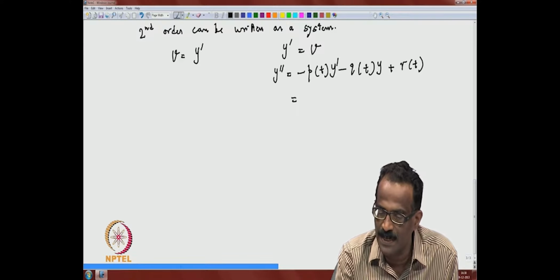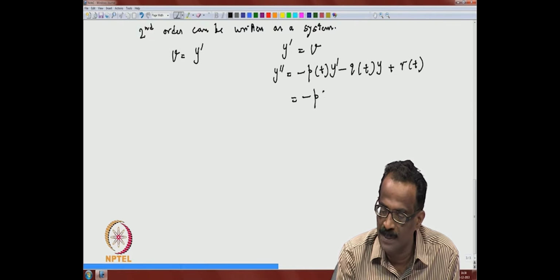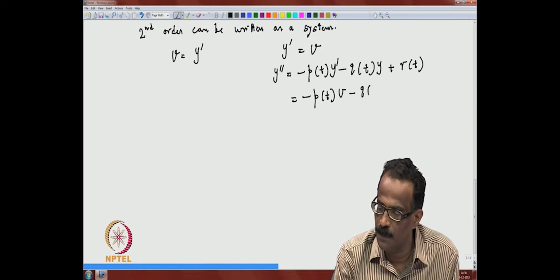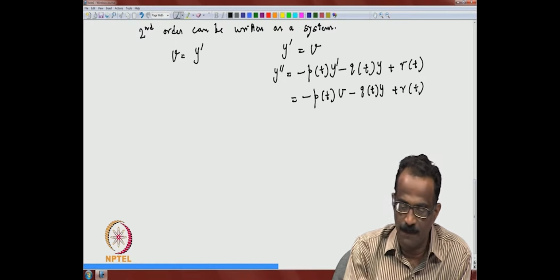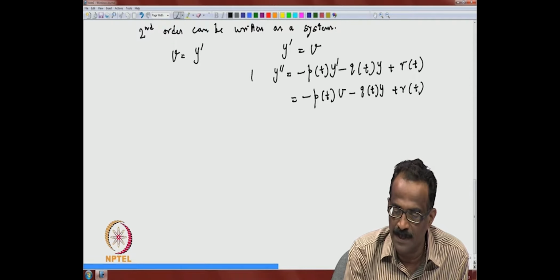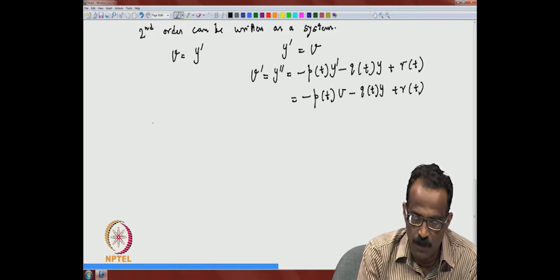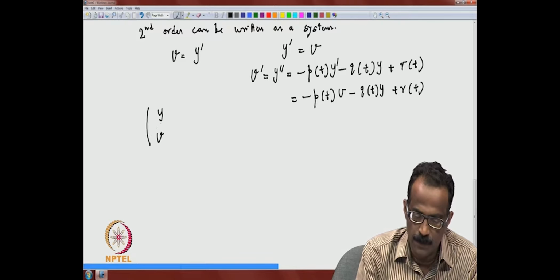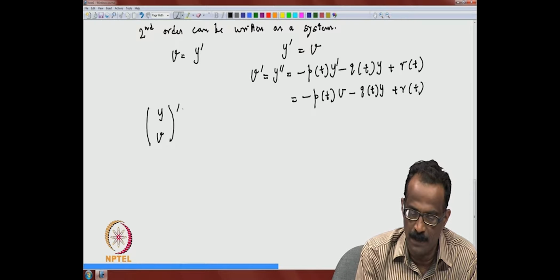So, if you put this in terms of v, v prime is equal to minus p t v minus q t y plus r t. If I write this as a system, y double prime is nothing but v prime. So, you can combine it as a system with y and v.